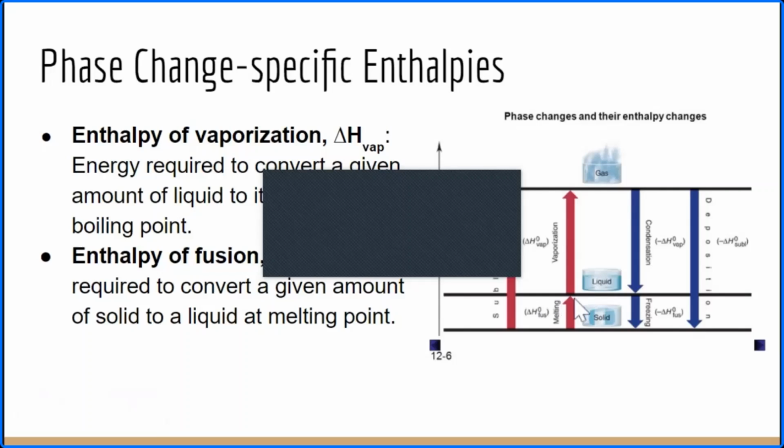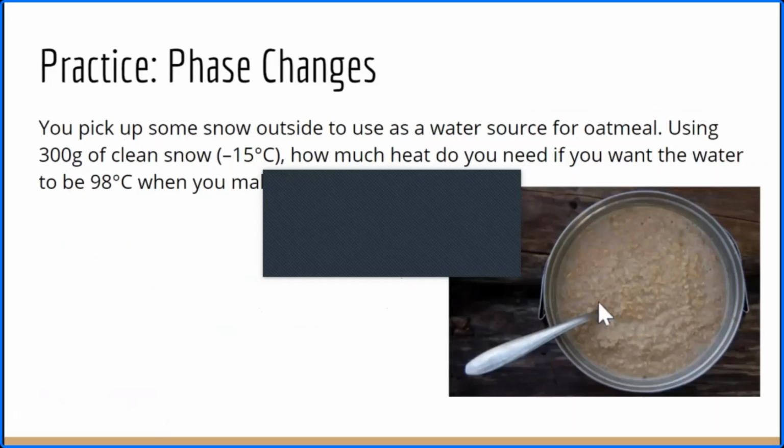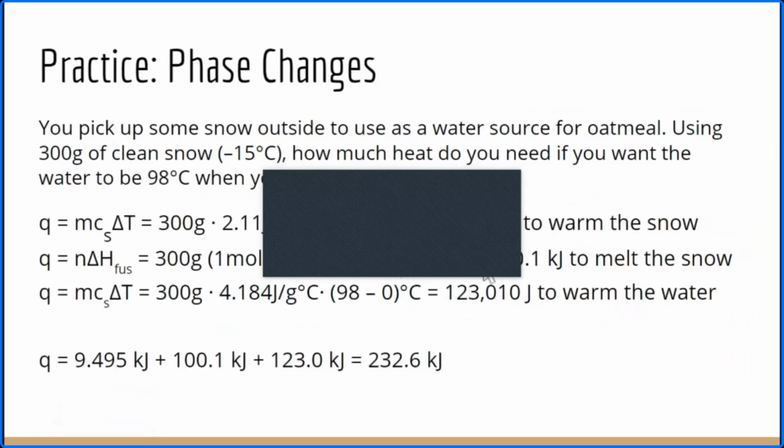And that's the period that we're at right now. Here we're currently melting the snow. So its temperature is remaining constant at 0 degrees Celsius, but we're increasing the energy so that it fully changes state, or changes its phase.